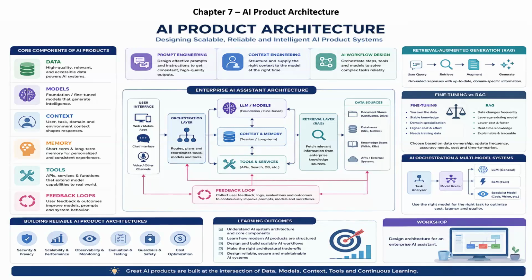So context engineering is the practice of providing the right info, instructions, memory, tools, and constraints to an AI system so that it will provide high quality output. Typically in a RAG, retrieval augmented generation, context engineering is heavily used.